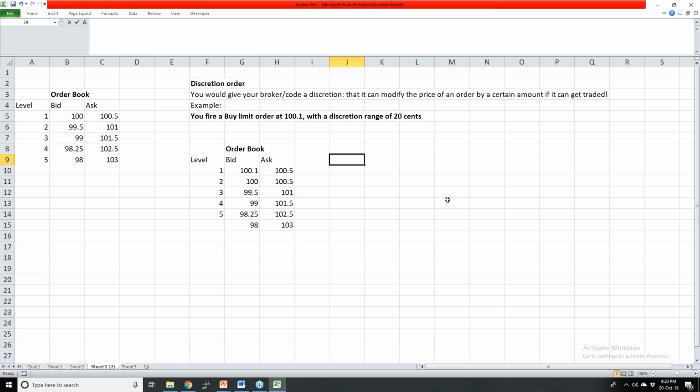So with a discretion range of 20 cents, your code knows that it can modify the price up to 100.3 if there is an ask at that price. Here it knows that even if it modifies to 100.3, it's not going to get executed, so it will just sit there.